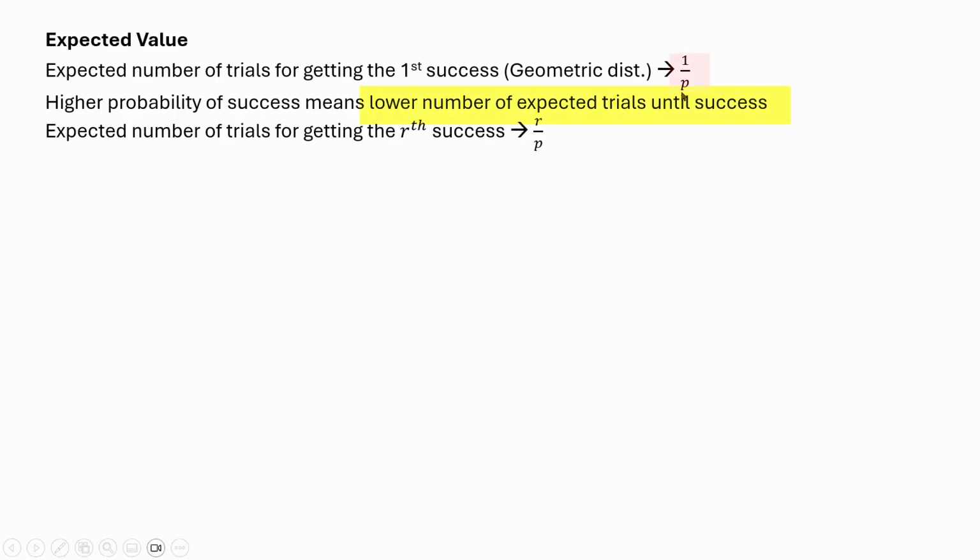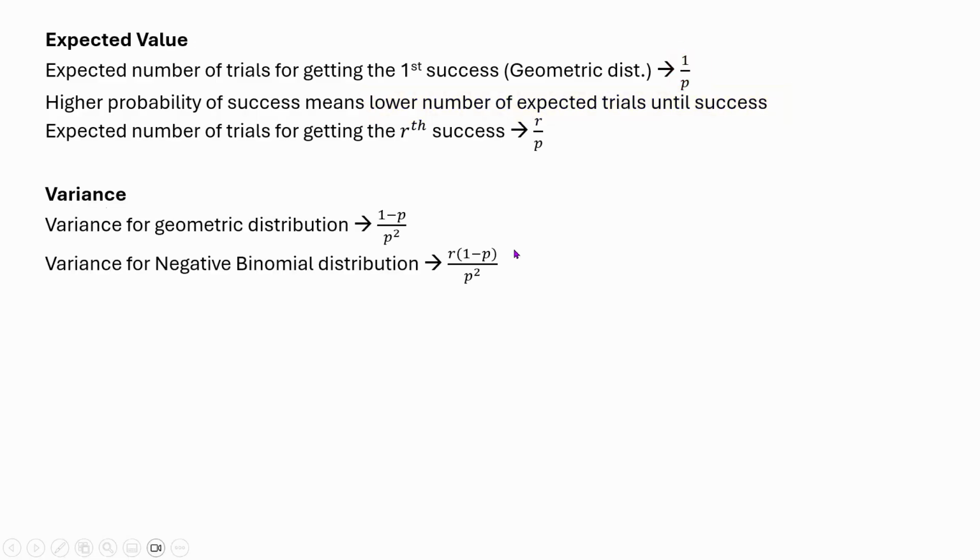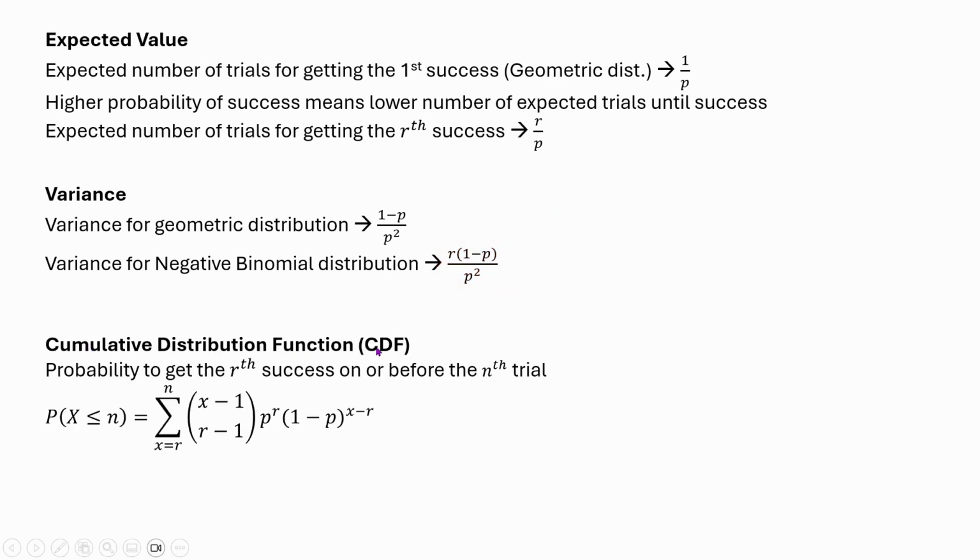So when p increases, you will require a lower number of trials. And what is the variance? The variance for the geometric distribution was this. For negative binomial, you are simply going to multiply by r because now you require r successes.